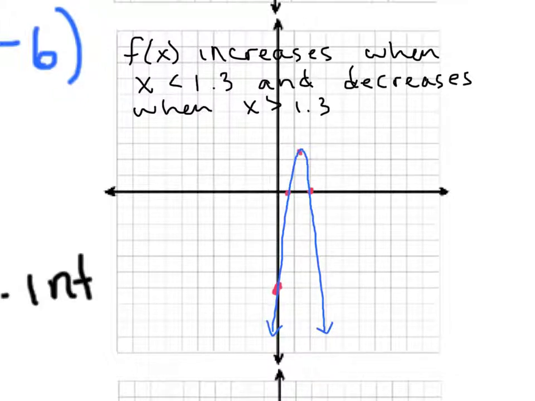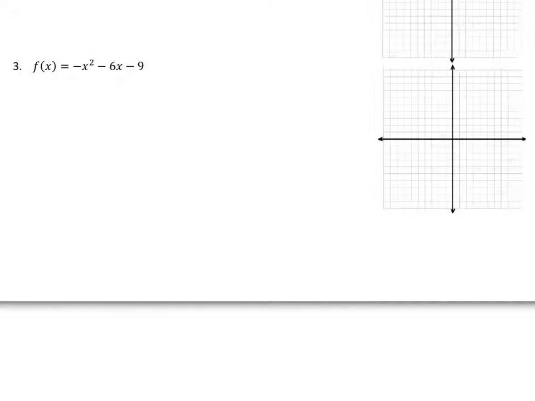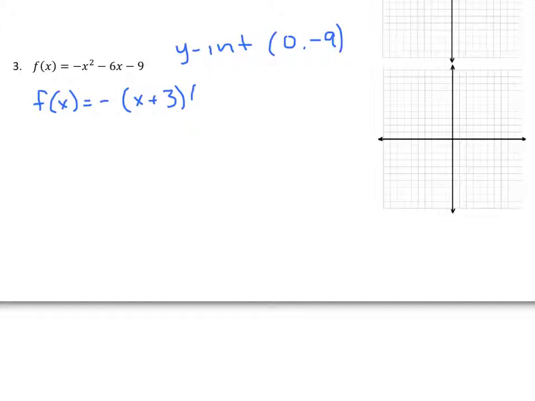Alright, let's look at example 3. For number 3, we have a y-intercept at negative 9. If we were to factor this, we'd have that f of x equals negative (x plus 3)(x plus 3).